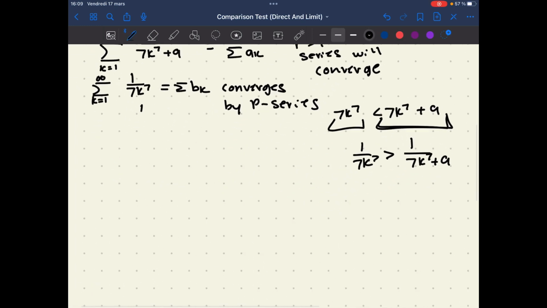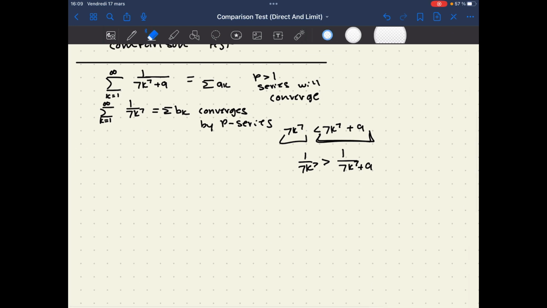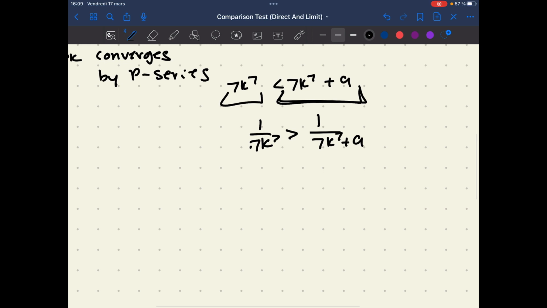So knowing that, we can go back to our series and see what it looks like. So we know that if you have 7k to the 7 as your denominator, that's a smaller denominator, meaning your overall fraction will be greater than the other one with the bigger denominator.